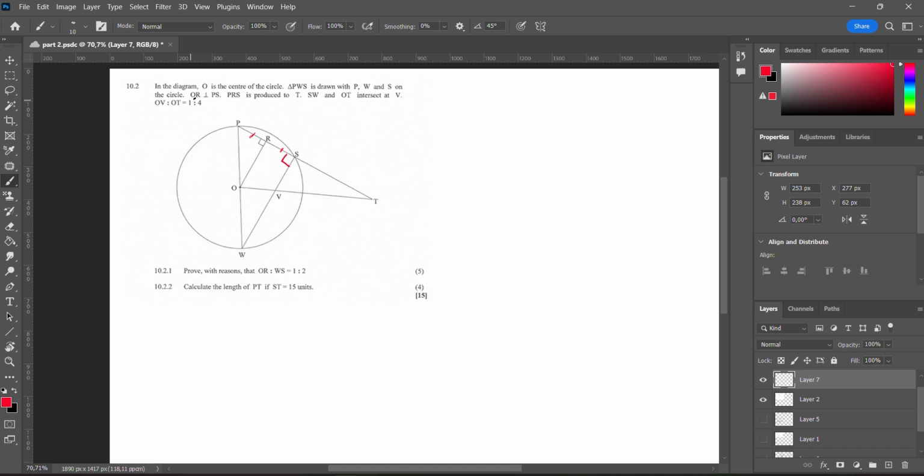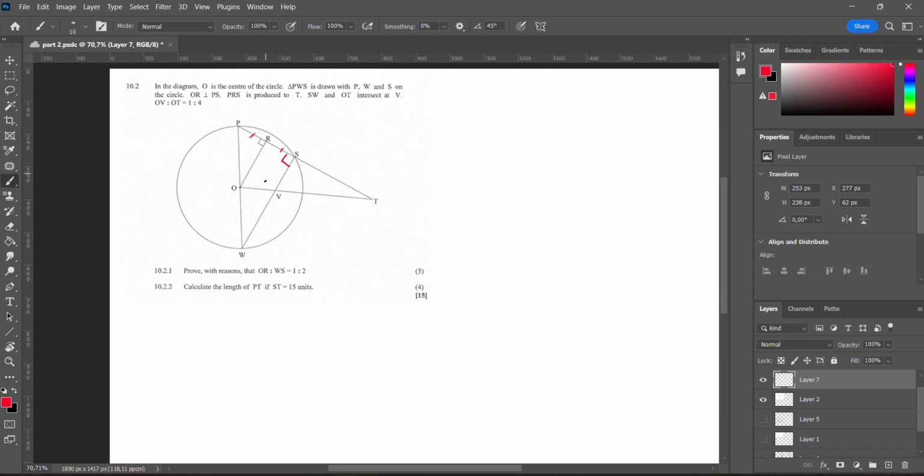OR is perpendicular to PS, and PRS is produced to T. Produced just means they made the straight line until it reaches T. SW and OT intersect at V, and OV over OT is 1 over 4.